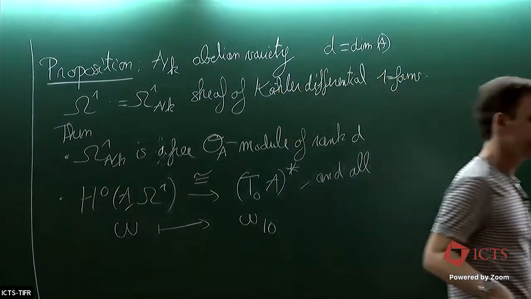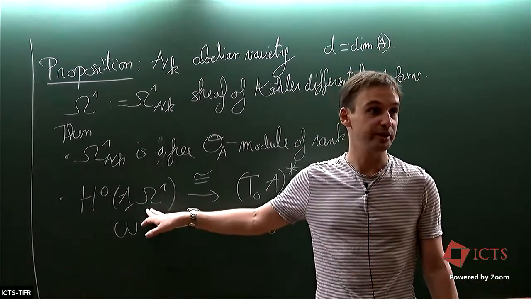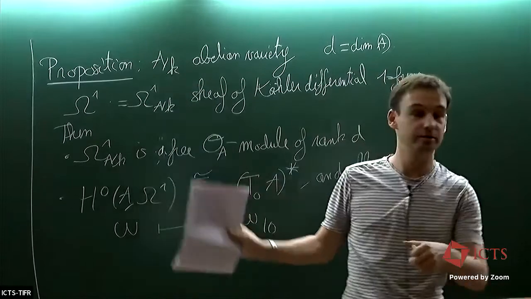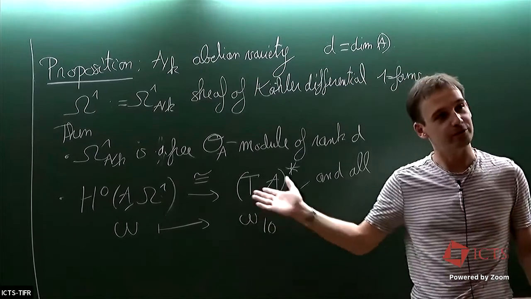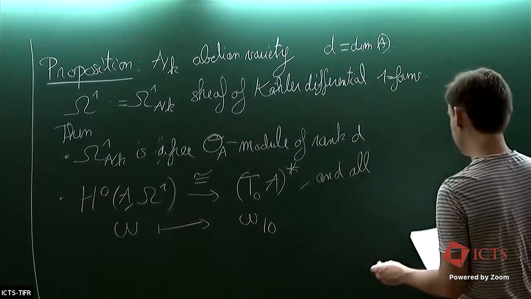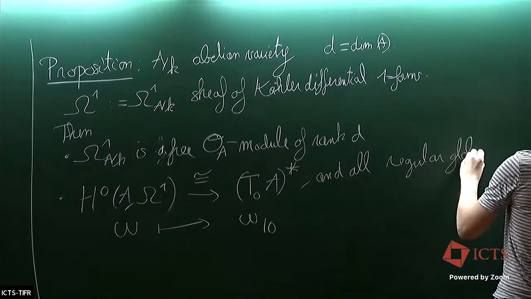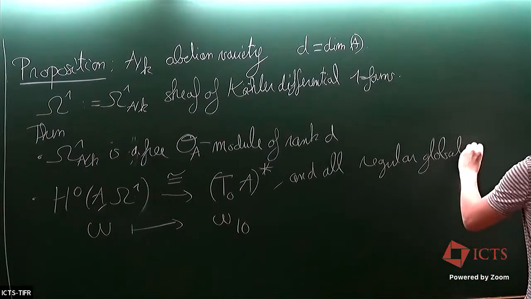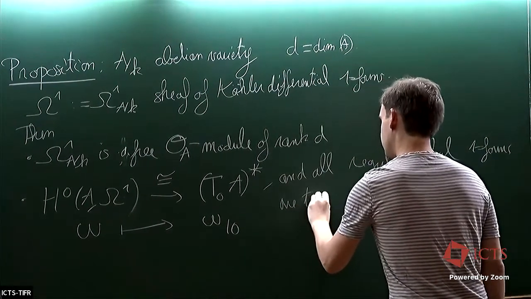It's pretty obvious once I'm able to prove that the one forms that are globally defined have to be invariant by translation. So if I translate them by every point of A, I'm supposed to get the same form. So now, once you know what happens at 0, you should be able to know what happens everywhere. That's the idea. Again, I don't have time to give any proof for this, but I gave different references in the lecture notes. All regular global one forms are translation invariant.